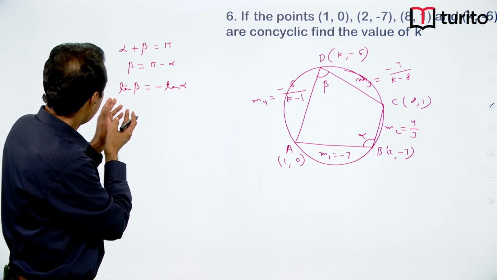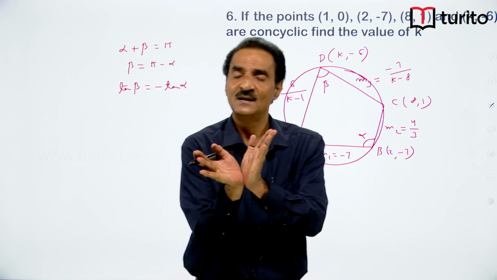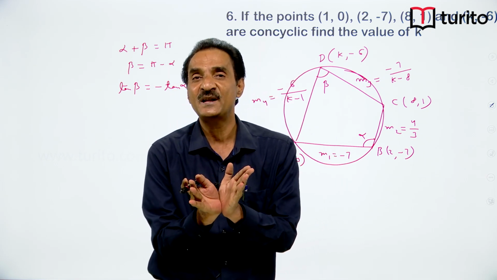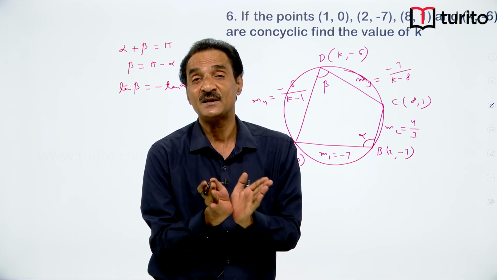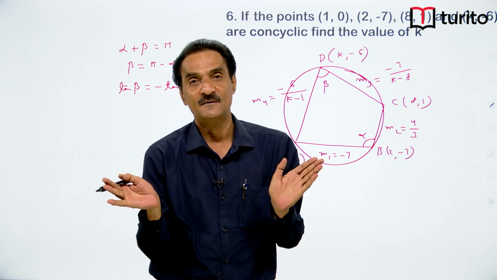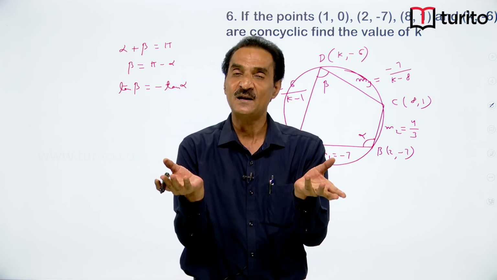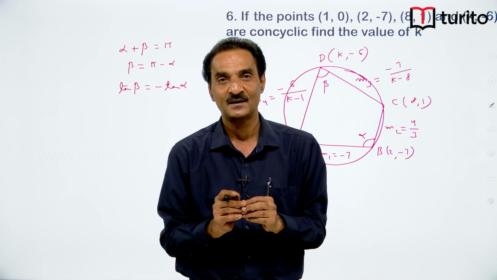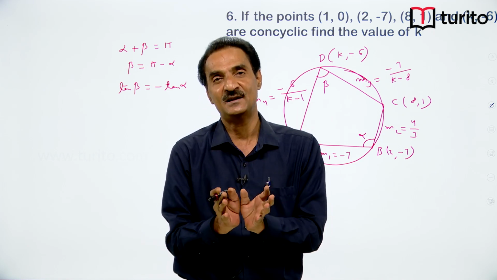Now, when you are applying this formula, all of you are aware of the formula for angle between two lines as tan theta is equal to mod m1 minus m2 by 1 plus m1 m2. But here in this method, you should not take mod. If you take mod, what happens? Both tan alpha and tan beta will be positive, because that formula will give you only the acute angle.